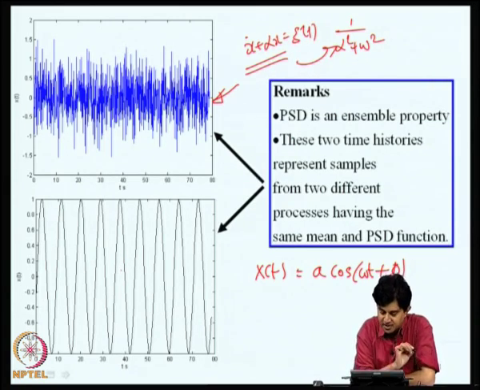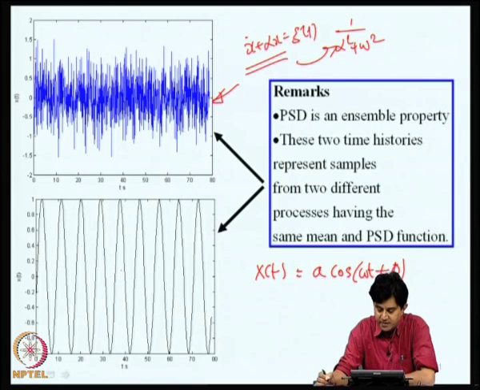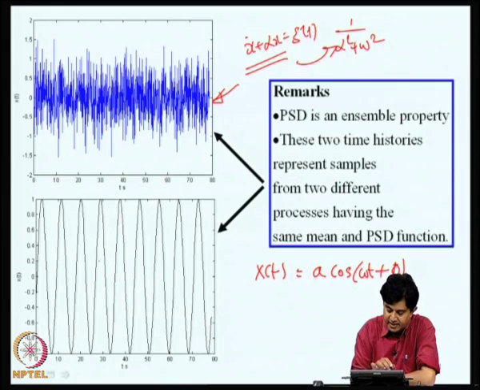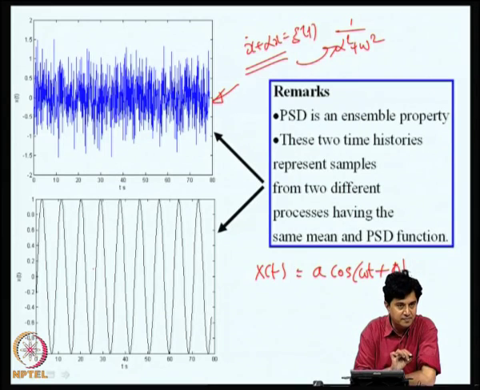This cautions us to the fact that the power spectral density function is an ensemble property. The two time histories that we see here represent samples from two different processes having the same mean and power spectral density function.